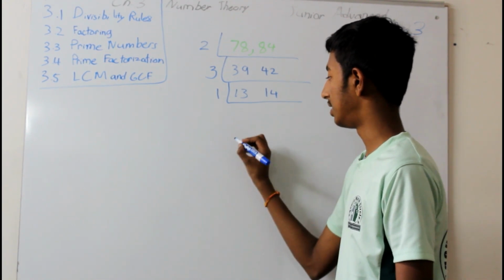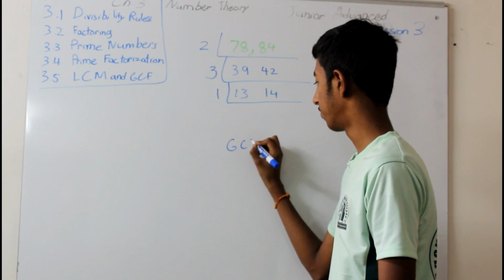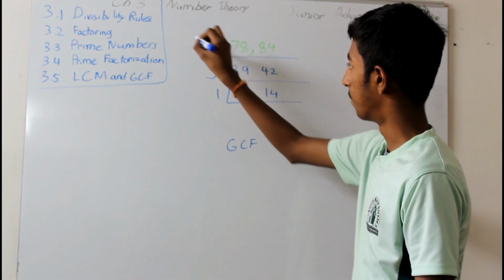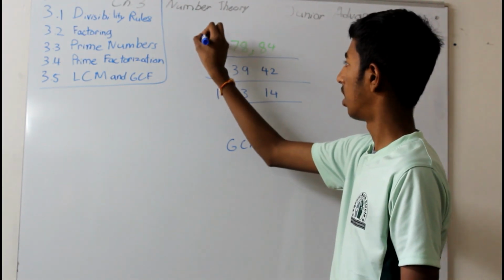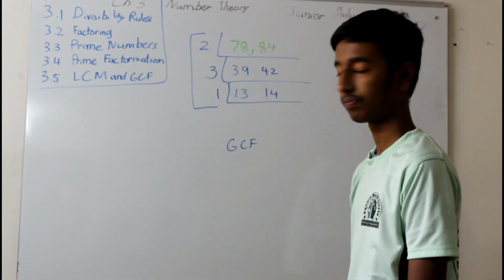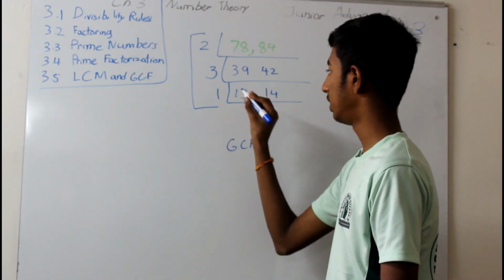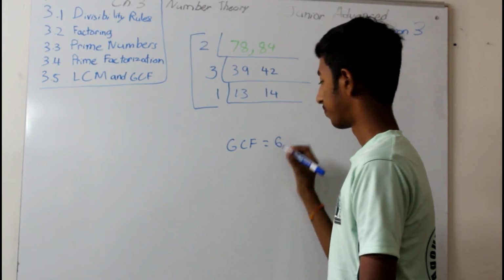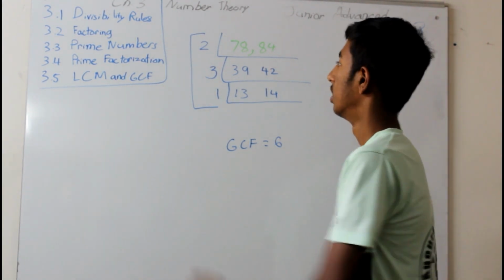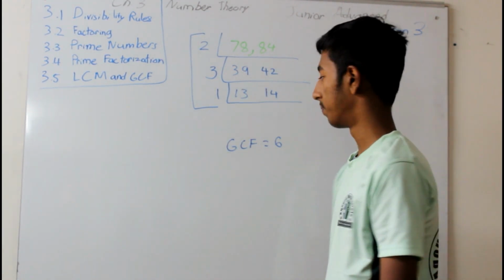Now if you want to find the GCF, the GCF is just the product of all the numbers on the side right here. So 2 times 3 times 1 is 6. That is the greatest common factor between 78 and 84.